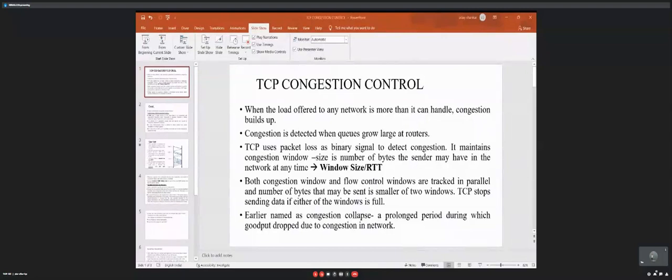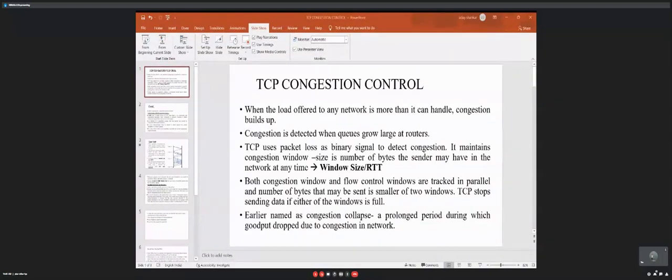The congestion window is initially set to some value, and the flow control window indicates the size of the receiver buffer, or the amount of data the receiver can hold. So these two parameters are used as parameters to detect the congestion.